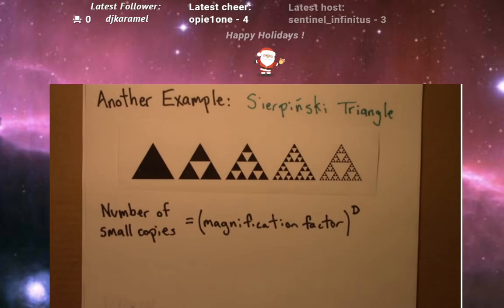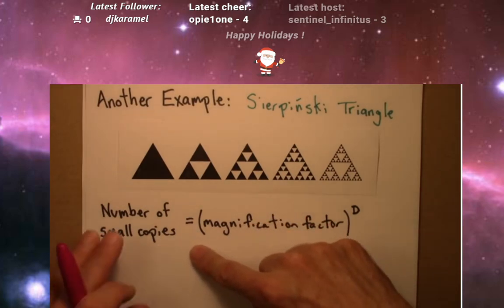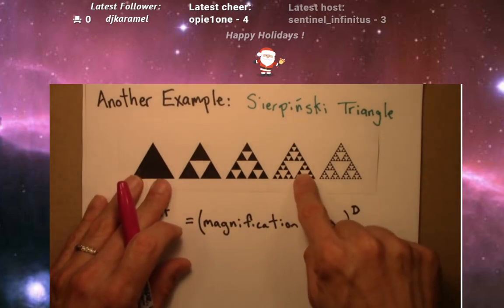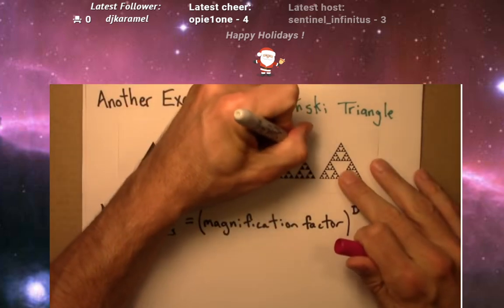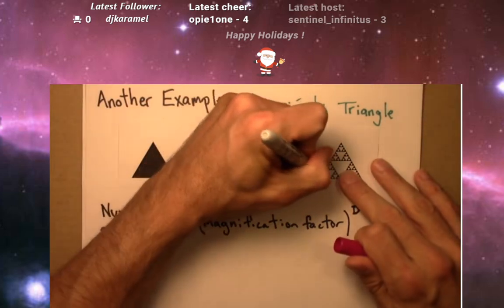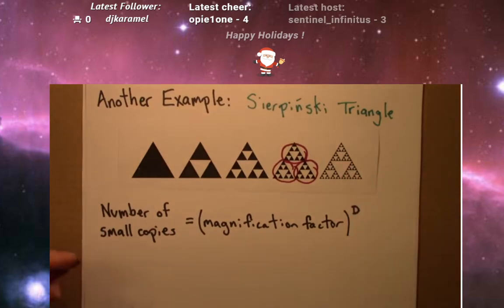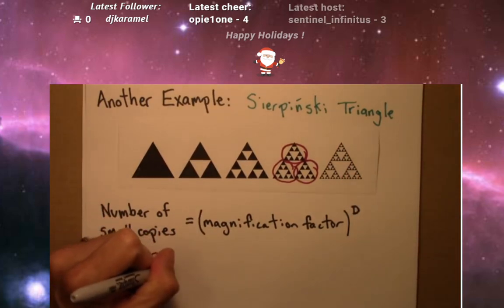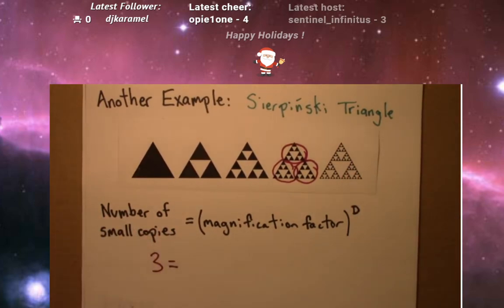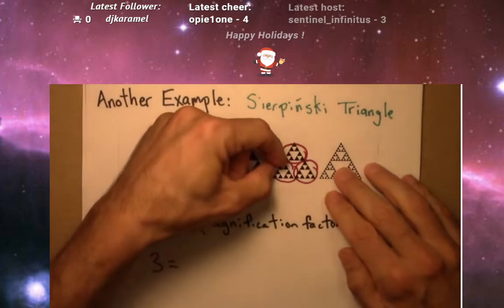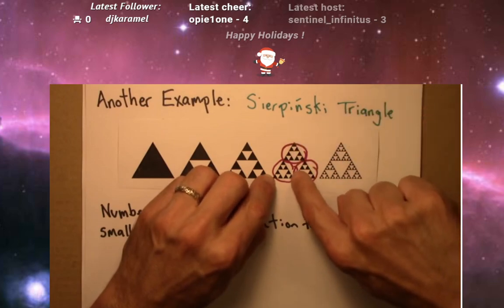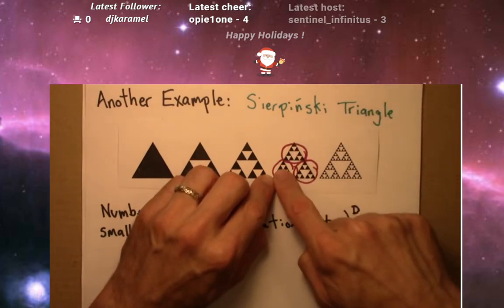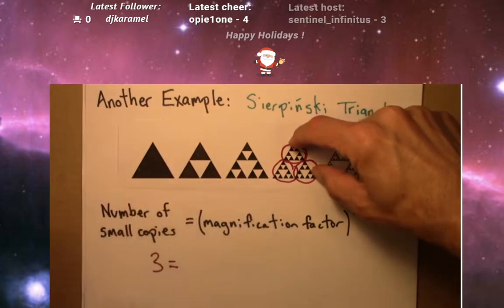Let's calculate the self-similarity dimension. So, number of small copies. I guess I'll look at this version of it, and I see 1, 2, 3 small copies. So the number of small copies is 3. The magnification factor is 2. You can see that I need to stretch this by a factor of 2 this way and 2 this way to have the small copy be as big as the large one.